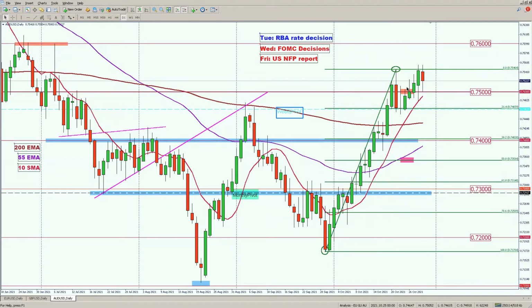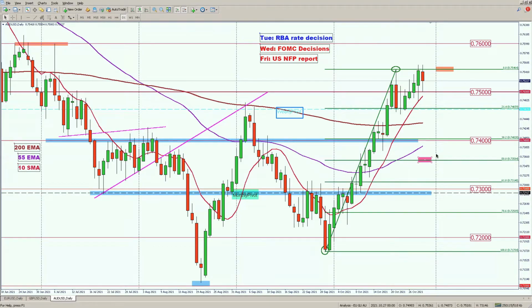But if they do decide to pull in rates, then that's quite hawkish, and we'll see when they're going to start tapering as well, whether they'll announce tapering earlier. So also a very critical week for the Aussie dollar next week.